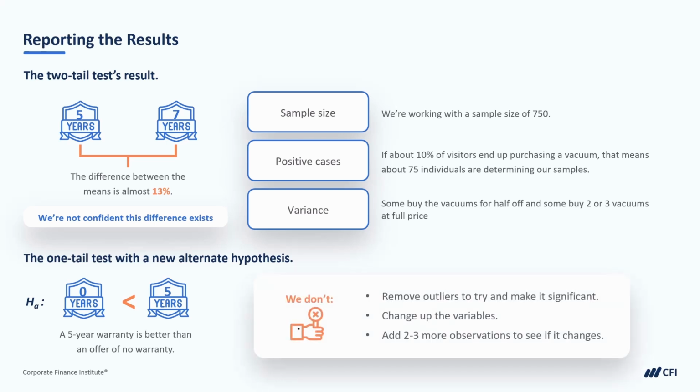We did not go back and remove outliers to try and make it significant, or change up the variables, like looking at only results from the United States. Or if our result was close to our alpha, but not quite small enough, we don't want to add just 2 or 3 more observations to see if this changes. These are all examples of what's known as p-hacking, and these actions dramatically increase the chance of a false positive in our tests.